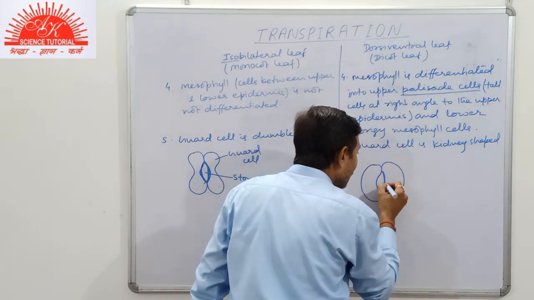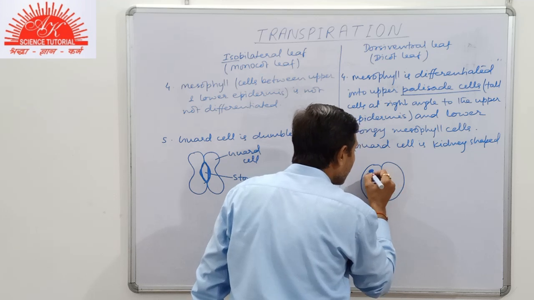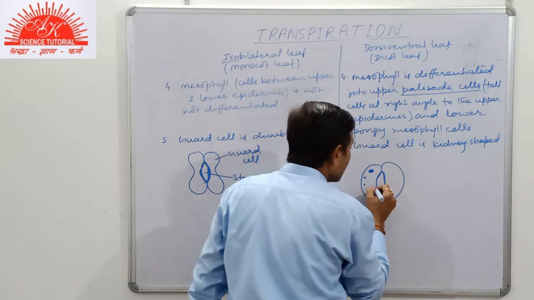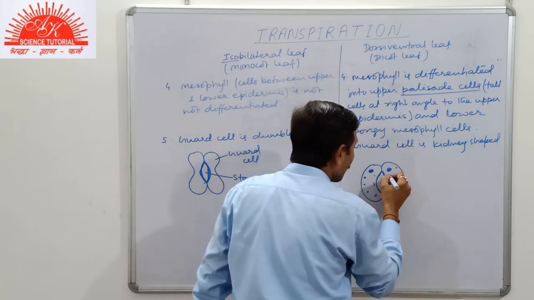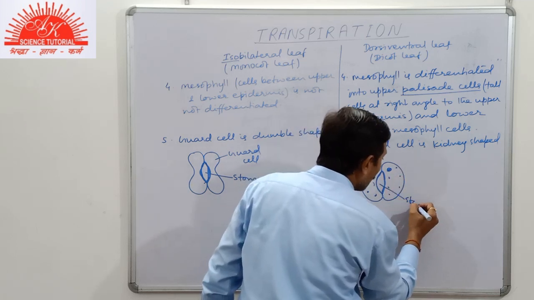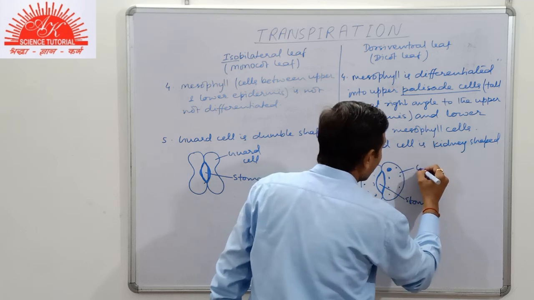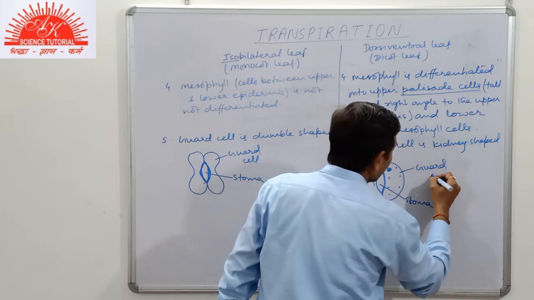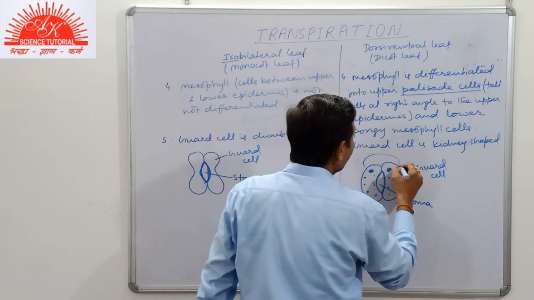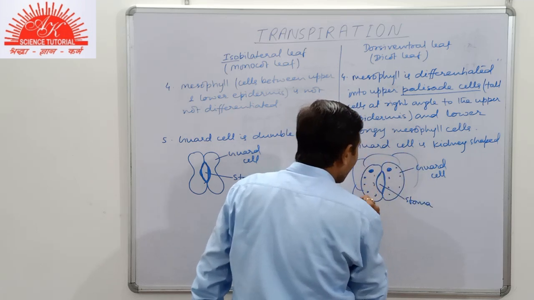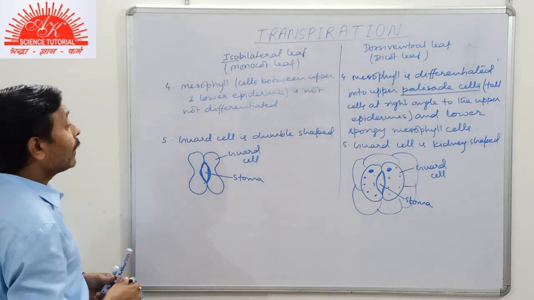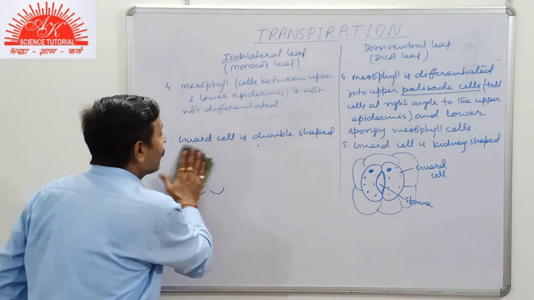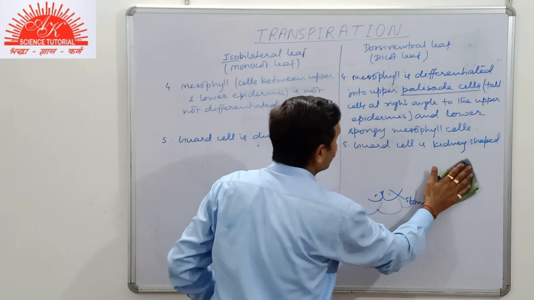This is the bean shaped or kidney shaped cell, in which there are nucleus and chloroplasts. Now this is the stoma, the guard cell, and around it there will be the epidermal cell. So this is the difference between the two types of guard cells.